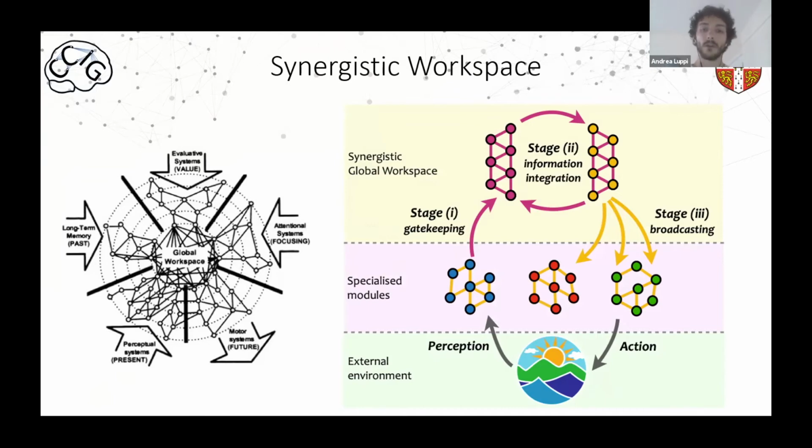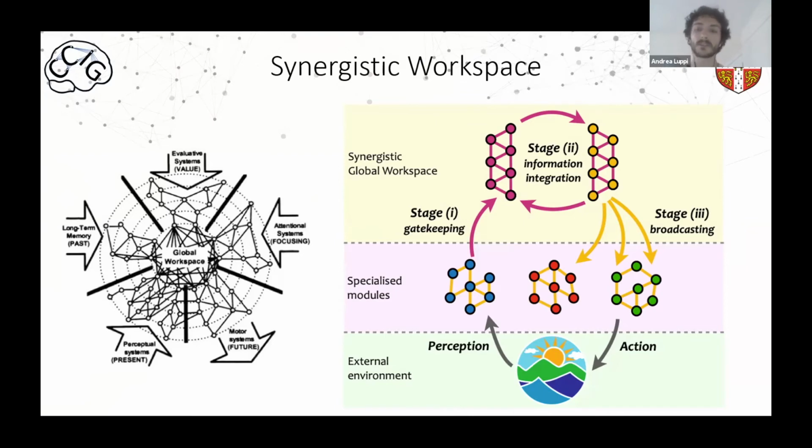Namely, if you imagine, as we showed earlier, that you have specialized modules in the brain that mostly perform redundant computation, in the sense that they have multiple availability of the same information, which provides robustness, then what you need when it comes to integration is you need synergy. At some point, this information that is separately stored in these individualized processors needs to come together. And that means that it needs to become integrated. And that means that it needs to become synergy.